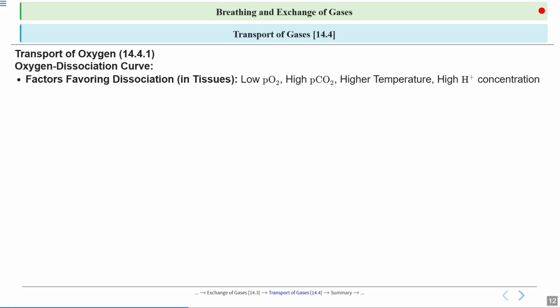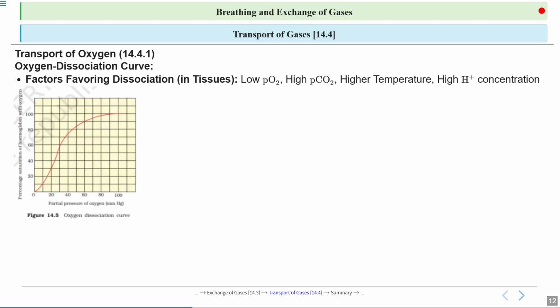Now see, high partial pressure of carbon dioxide in tissue, the partial pressure of carbon dioxide should be high. Higher temperature in the tissue, and high hydrogen ion concentration. So when these things are there, the dissociation of the oxyhemoglobin takes place at the tissue.